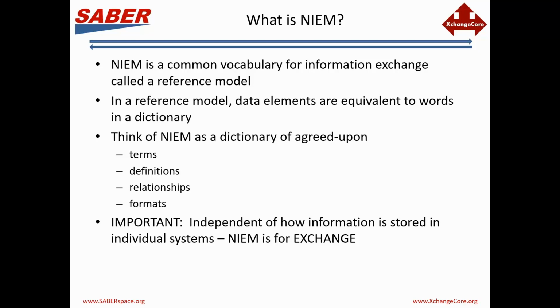And this is the language of data. Something I want to carry through to the end is that it's really important that NIEM is for exchange. These words and this dictionary are completely independent of how information is stored in an individual system or application that you're using. We'll see how that works and how we do the translations in a minute, but remember that part.